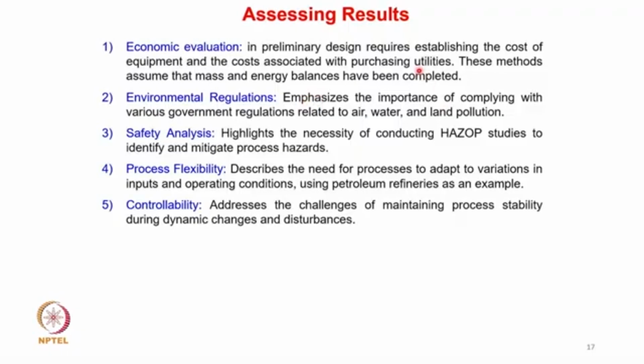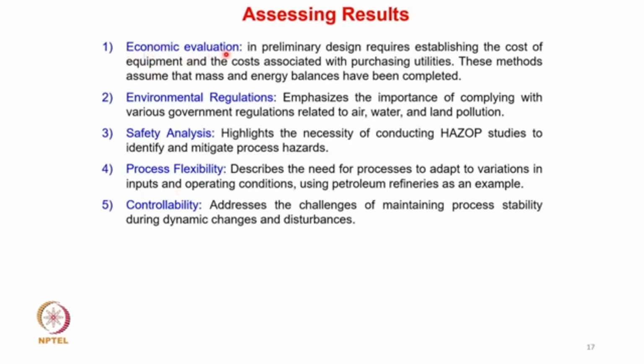So once the different alternatives are generated, then one has to assess the results with respect to all these alternatives, and based on that we have to select the best alternative among the possible alternatives. So here we can assess the results in terms of different criteria. The first criteria is the economic evaluation.